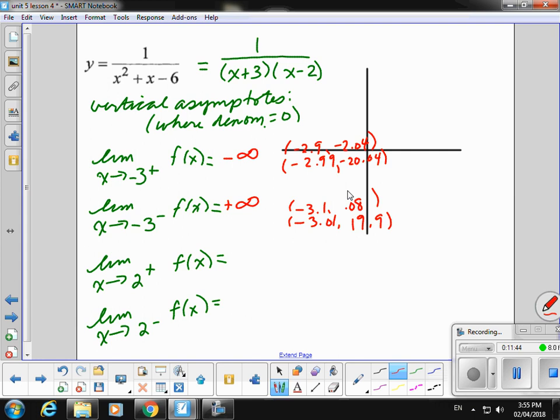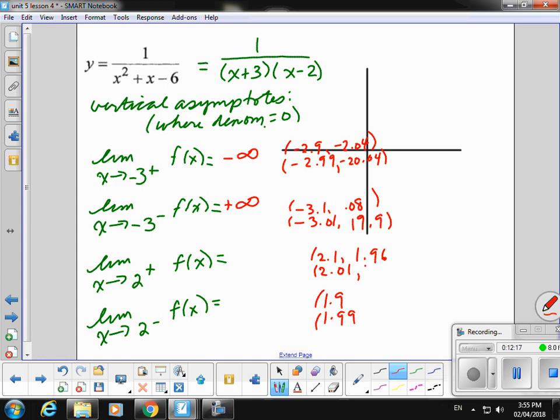For 2, as we approach from the right, I'm going to look at 2.1 and then a little bit closer, 2.01. So it's important that you have the right order. From the left side, this is where I have to think: 1.9, then a little closer, 1.99. 2.1 gives me a y value of 1.96.